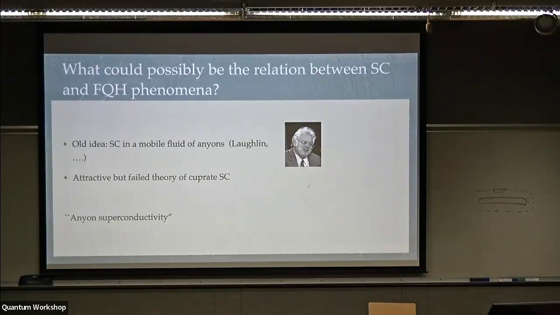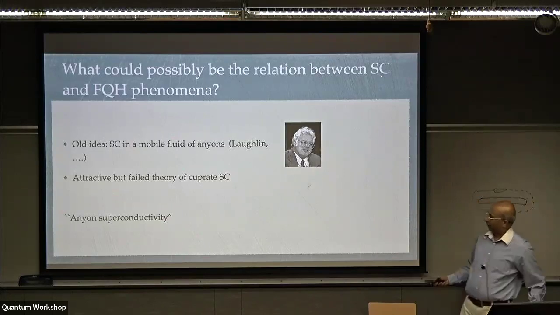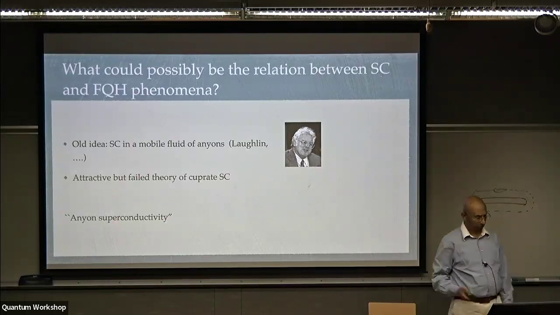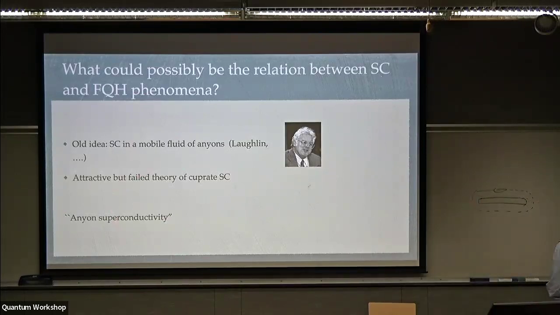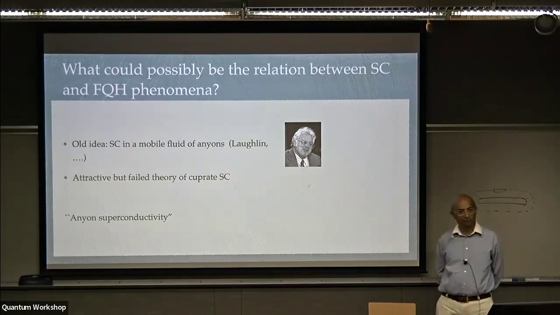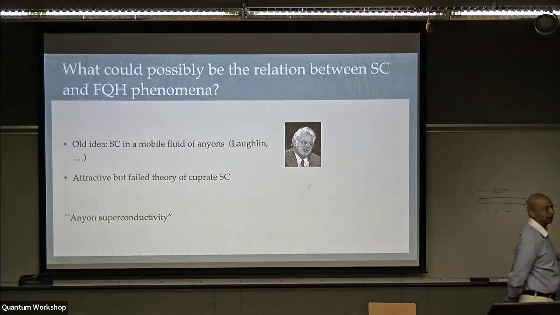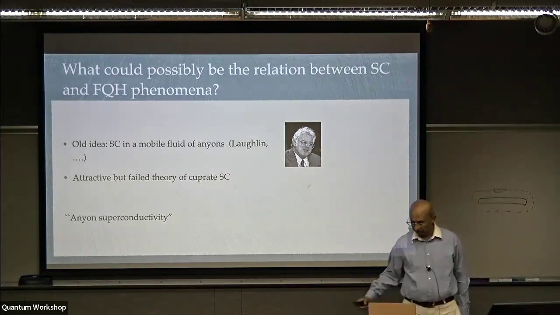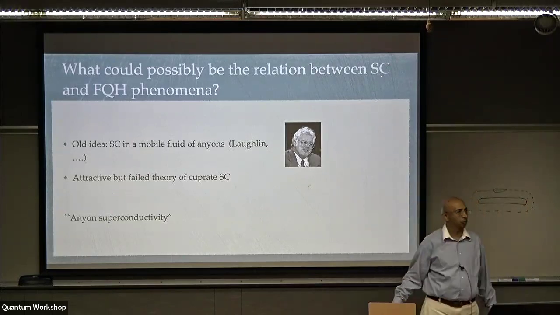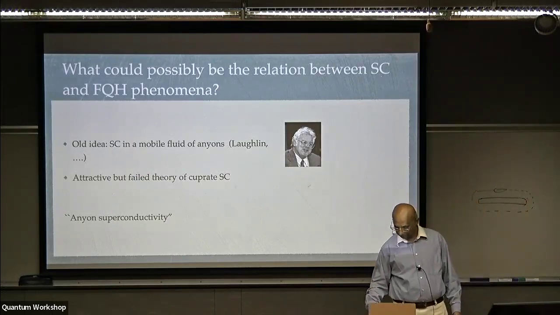And this came to be known as anyon superconductivity. It was developed in the context of cuprate superconductors, and it was a really attractive theory of the cuprates, but it's also a completely failed theory of the cuprates. So people don't talk about this theory in the context of cuprates anymore. In fact, they stopped talking about it in 1991, just before I started grad school.